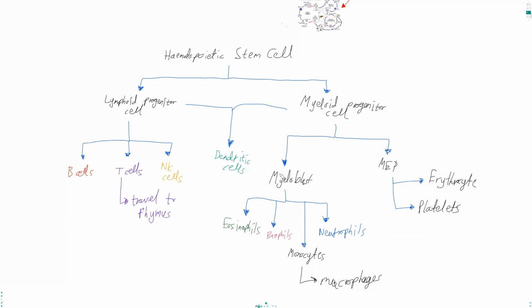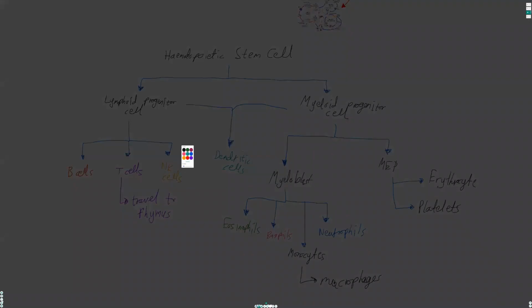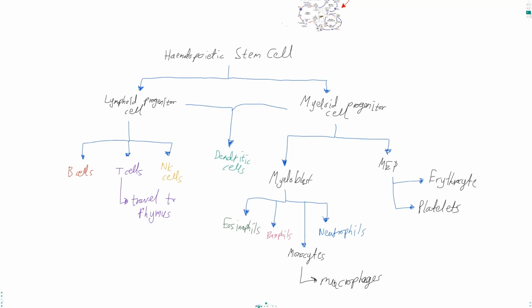Now, the ones you really need to know are the B cells and the T cells from the lymphoid, or the specific immune system, and the neutrophils and the macrophages slash monocytes from the innate immune system.